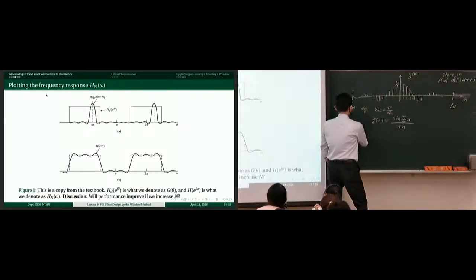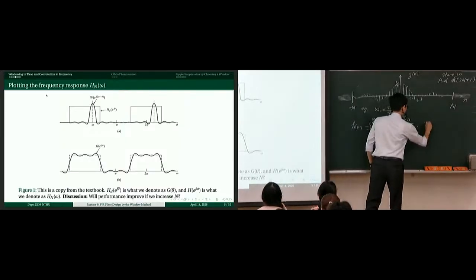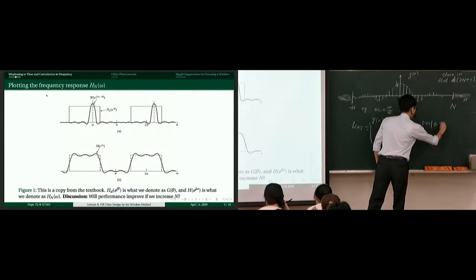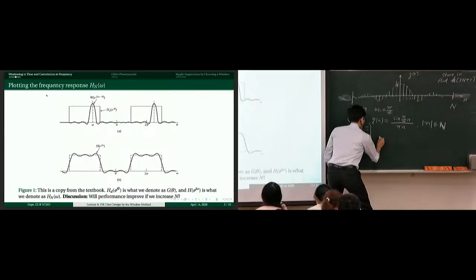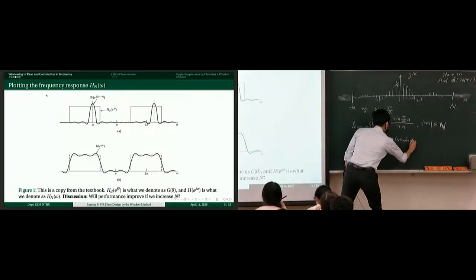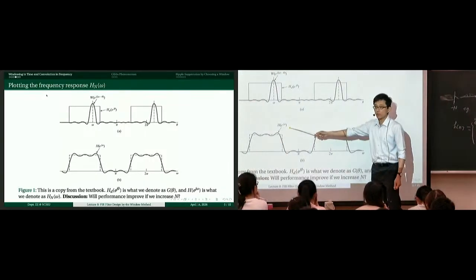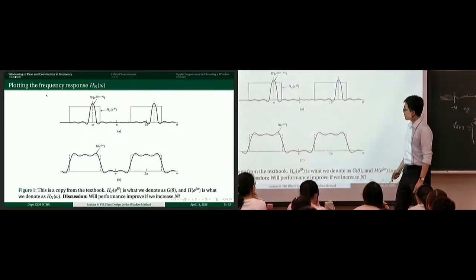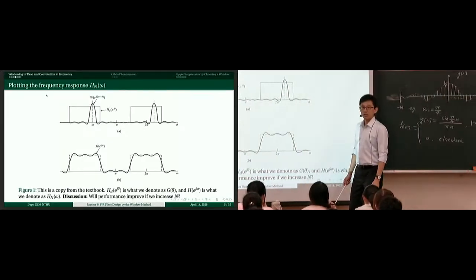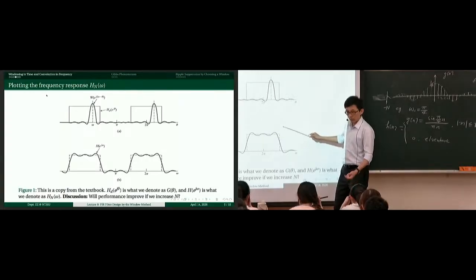Now, h of n equals g of n if n is in the middle range, and 0 elsewhere. When we do that, h of e to the j omega is the frequency response, the result of your design. Your design becomes non-ideal, different from the ideal filter, of course.